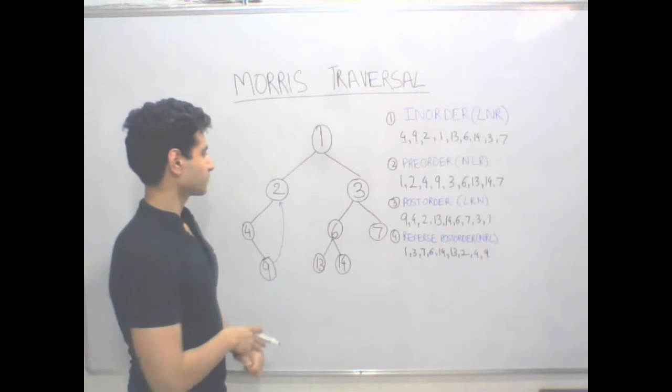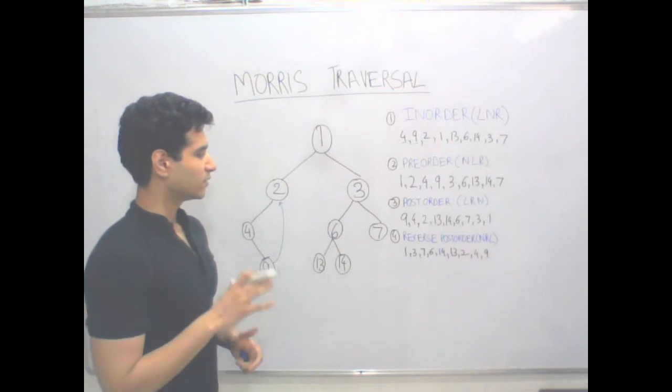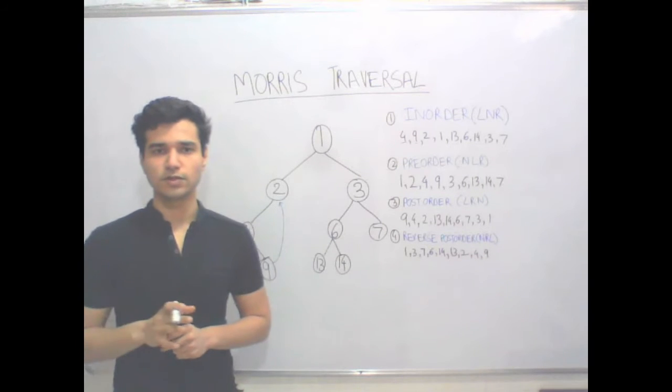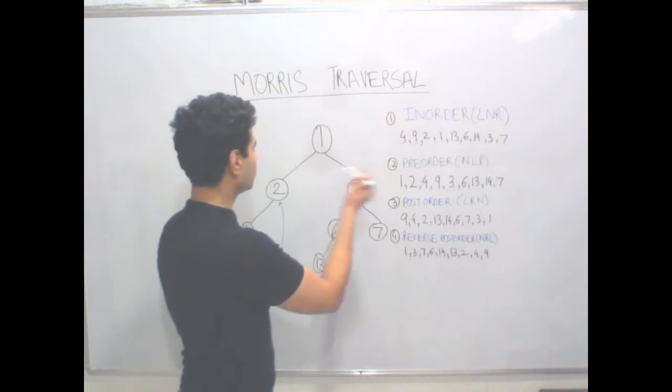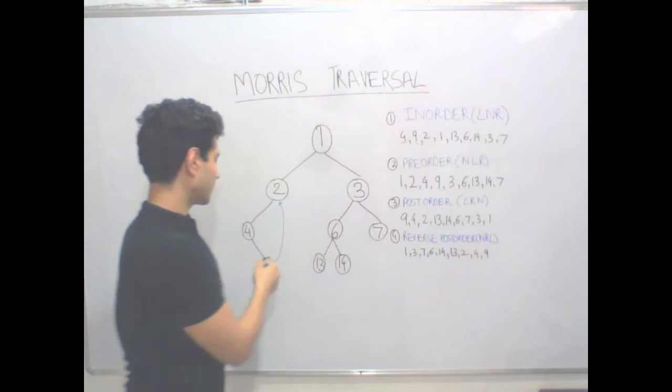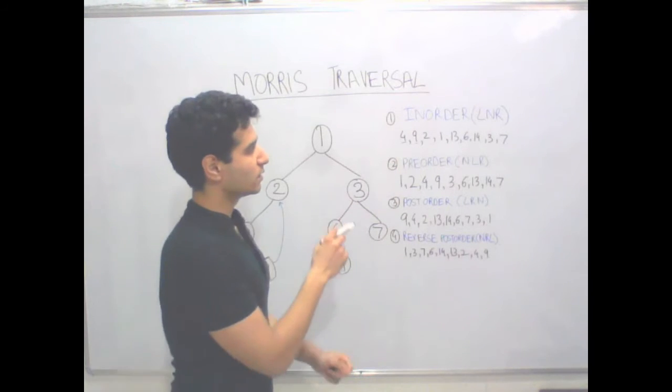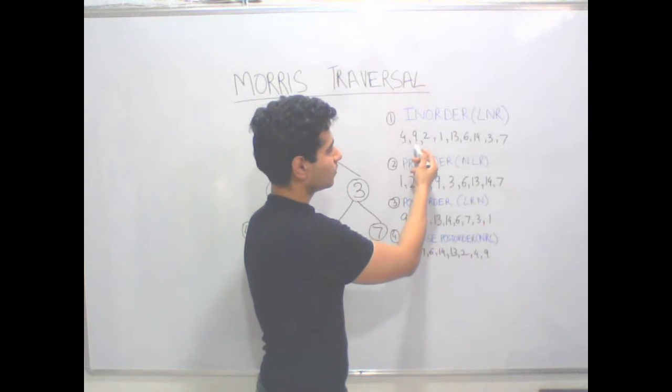To do that, we must know what the predecessor node is. For example, 2's predecessor is 9. In the in-order traversal, 9 comes before 2.